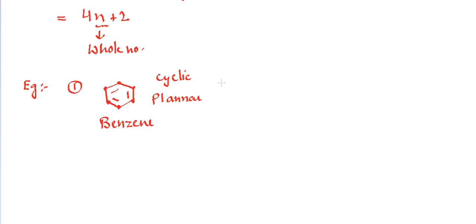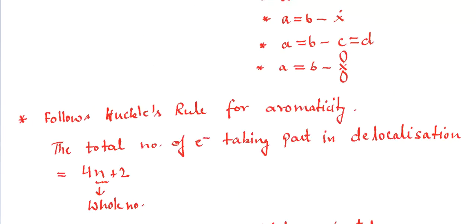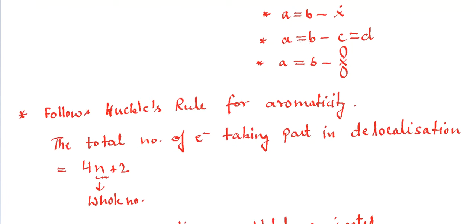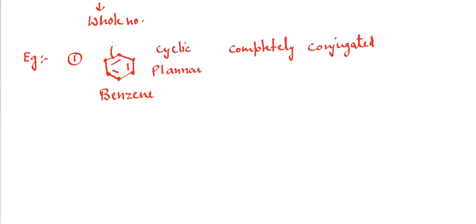Moreover, it is completely conjugated, and this we can easily check, because if we see the conditions for conjugation, then there is one condition wherein we can see double bond to the alternate of double bond, and here if we use this condition, then we have double bond to the alternate of double bond, again double to the alternate of double, and again, which means the conjugation covers all the atoms making the ring, and hence it is called complete conjugation.